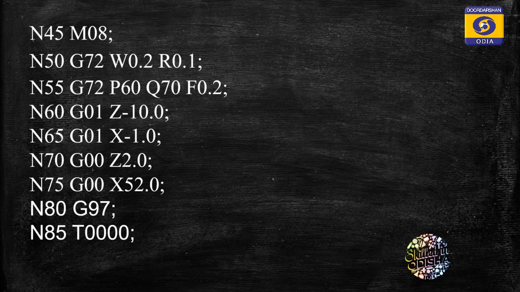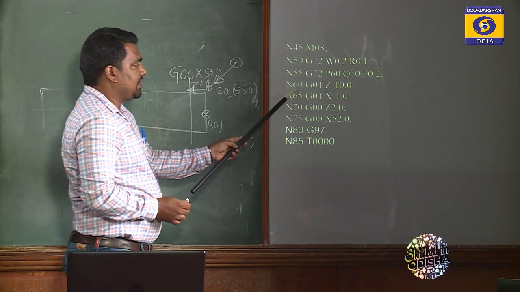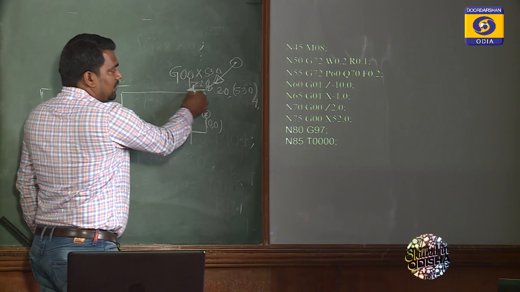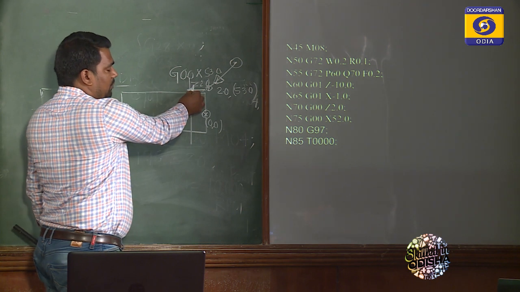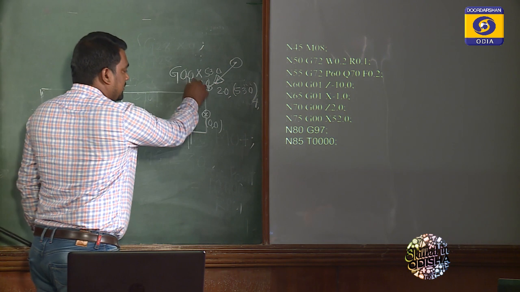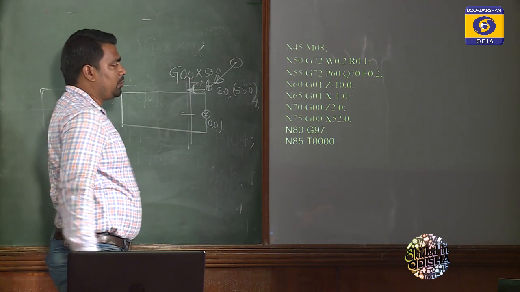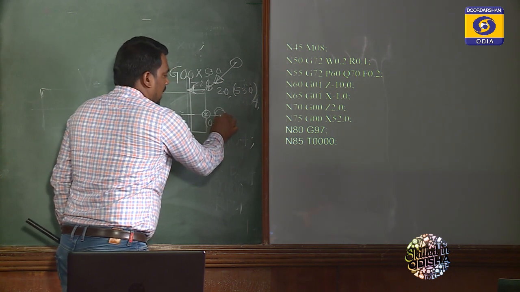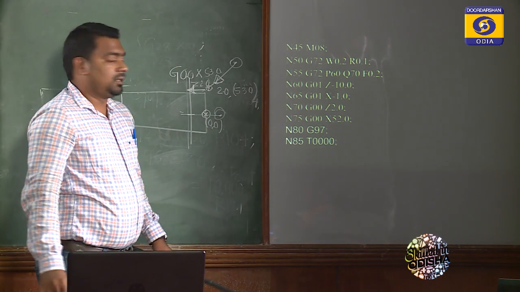So in the 60th block, I have to write G01, since it is moving linearly. G01 Z-10.0, since it is my required depth of cut. Then it should move to X-1.0. Then it comes back to the final point.